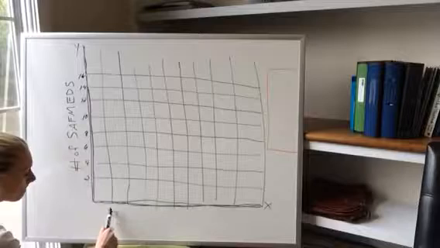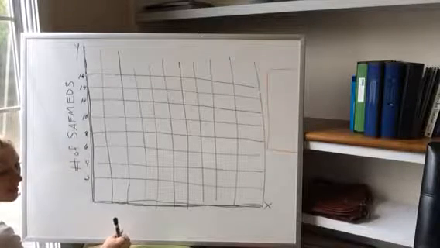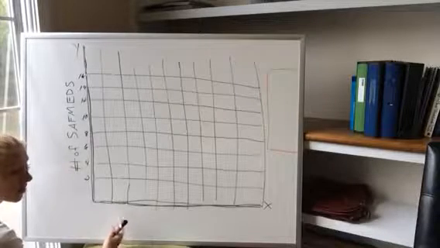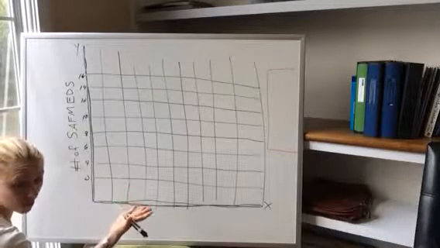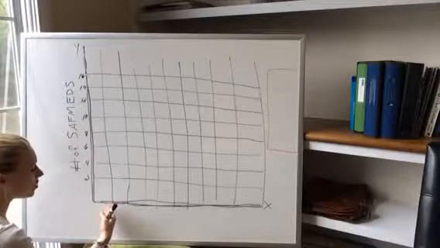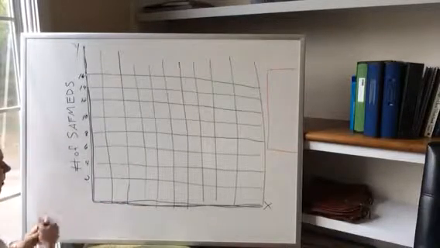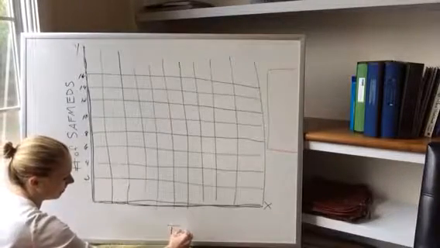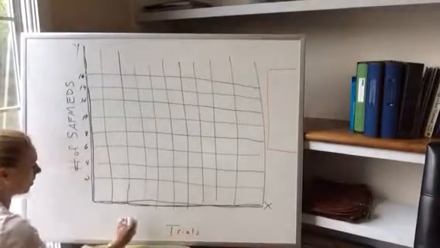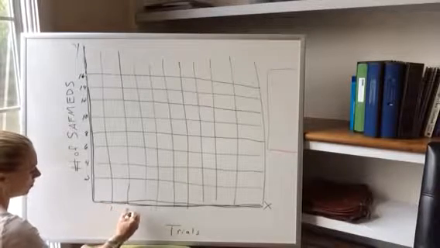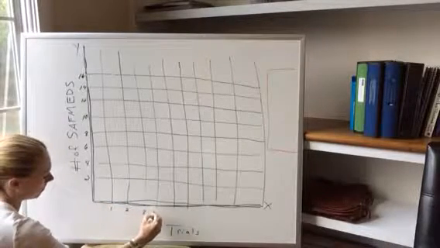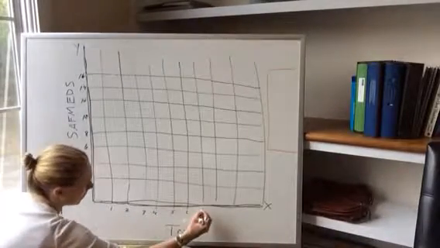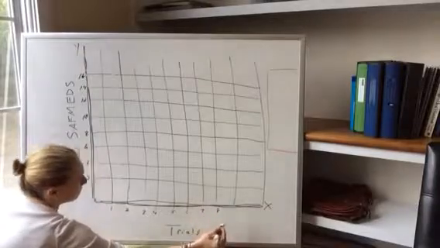Instead, I think a better label for this might be test 1, test 2, or trial 1, trial 2. So that way, if you decide to test yourself more than once per day, then you can show that on the graph. So I'm going to say trials for our label down here. Trial 1, 2, 3, 4, 5, 6, 7, 8, 9.